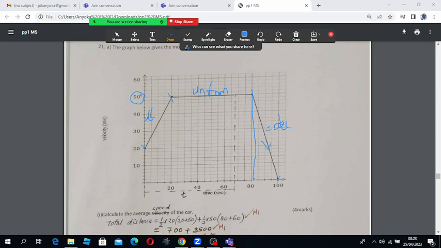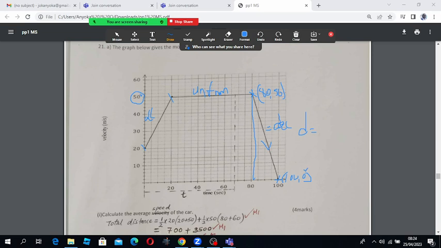Get the coordinates of this point: 100, 0. The coordinates of this point here: 80, 50. We are in agreement, so 80, 50. So get the gradient, which would be our deceleration. Deceleration is equal to the gradient, change in y over change in x.